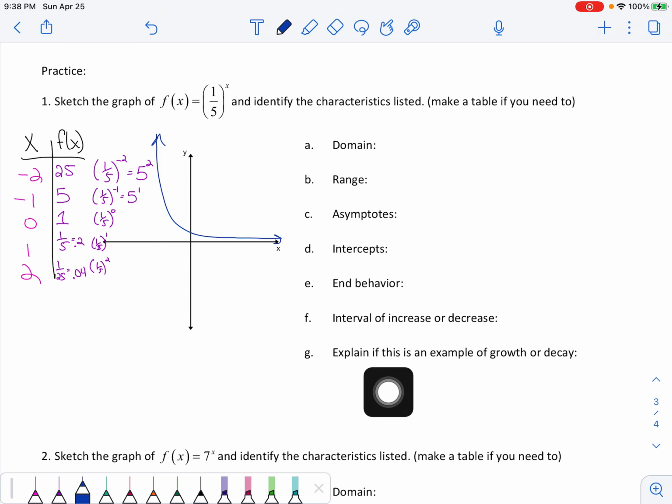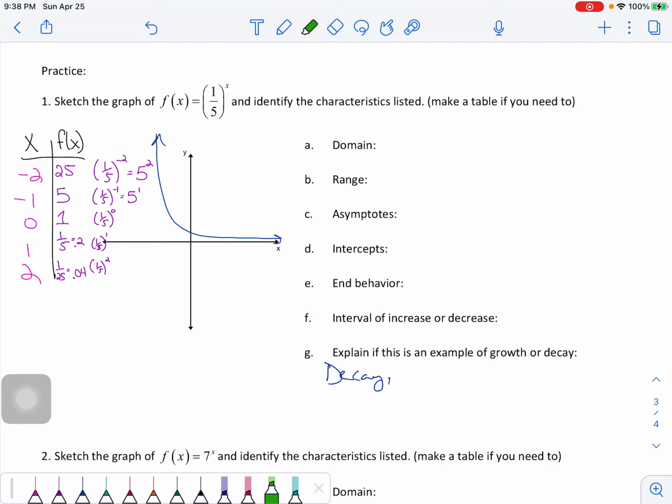All right. Now, one of the things I could look at, and I'm going to actually go down to part G here: explain if this is an example of growth or decay. Well, it's decay. And the explanation could be something as simple as, well, when I graphed it, it's decreasing. I would actually like you to know whether it's exponential growth or decay based off of simply the equation.